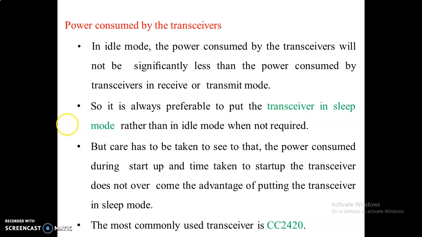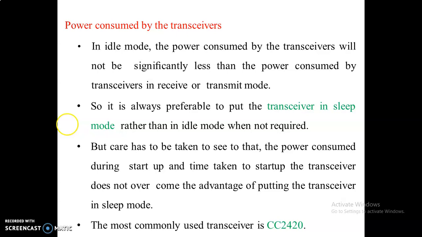In a transceiver, there are modes called idle, sleep, transmit and receive. In idle, the power consumed by the transceiver is not significantly less than the power consumed in receive or transmit. So they prefer putting the transceiver in sleep mode rather than idle when it is not required.